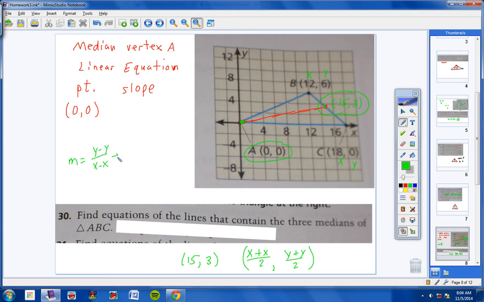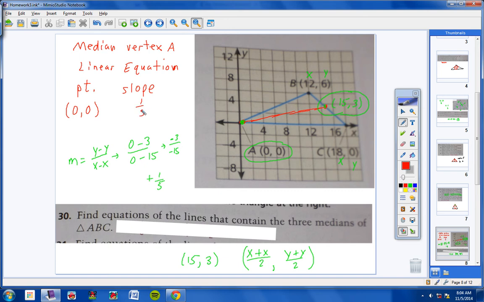Okay? So y minus y would be 0 minus 3. x minus x would be 0 minus 15. So you would get negative 3 over negative 15, which reduces to a positive 1/5. Positive 1/5. So now we know the slope.